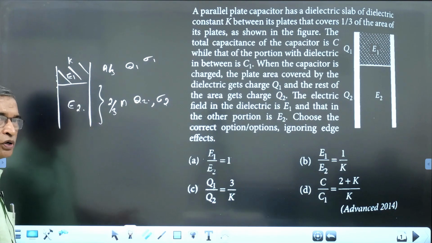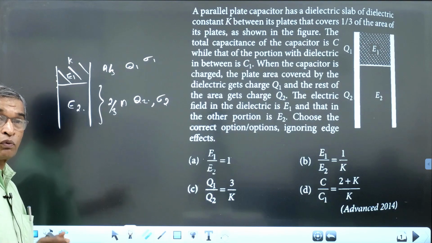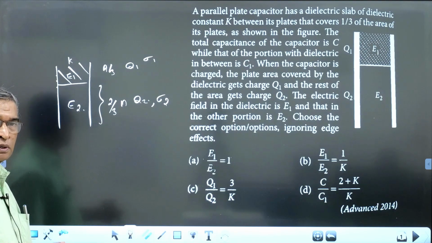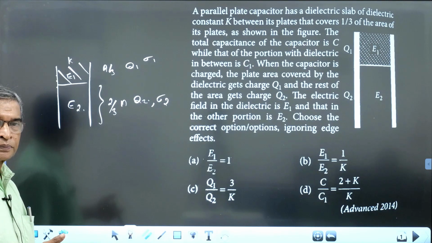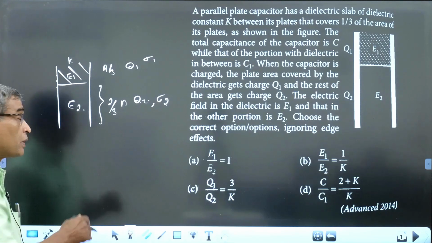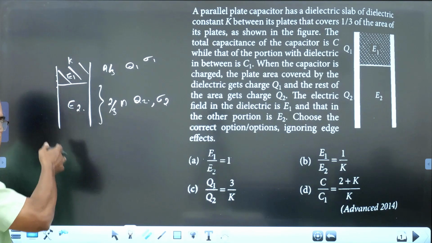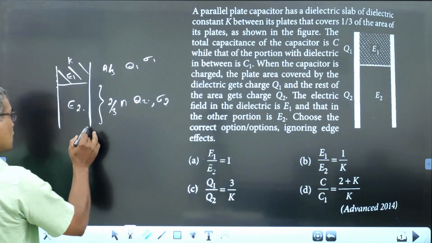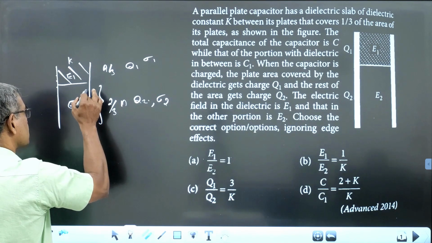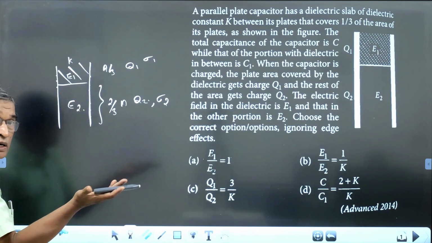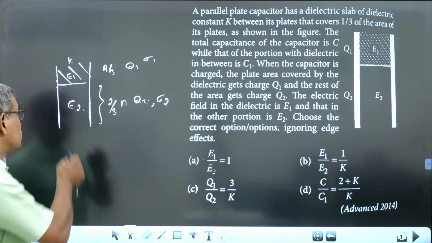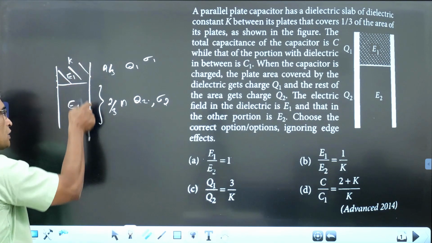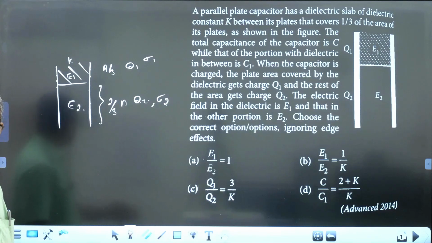Otherwise it will violate the basic principle, and there would be an automatic current, but that is not there. Similarly, on the other plate, the potential has some other value but remains the same. So this is at one constant potential and that is at another constant potential.